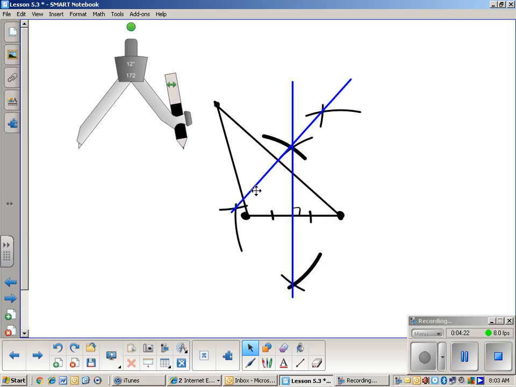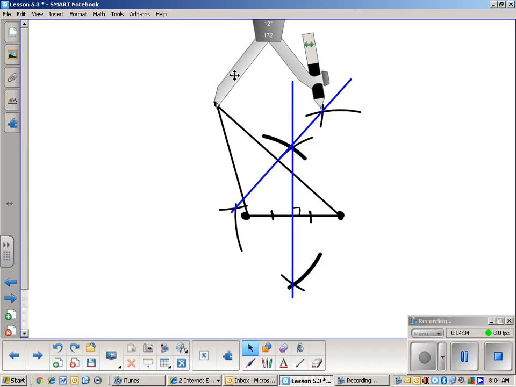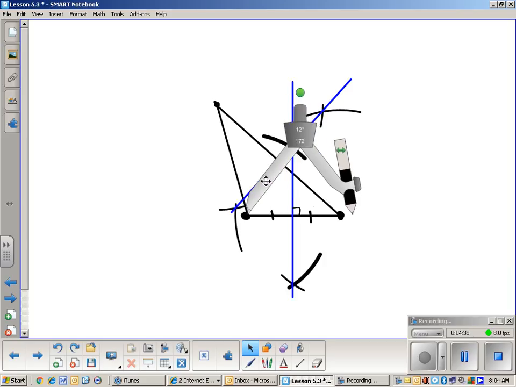Alright? And I found where those two lines meet, didn't I? Now, if I didn't make any mistakes, I know the third one's going to meet in the same place. Okay? I'm going to go ahead and do the third one real quick, just to make sure that I don't have any major mistakes here.